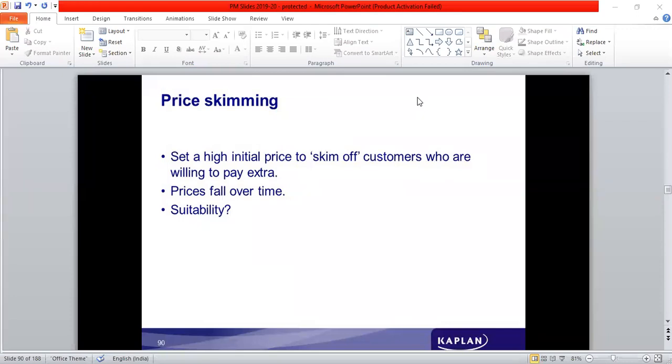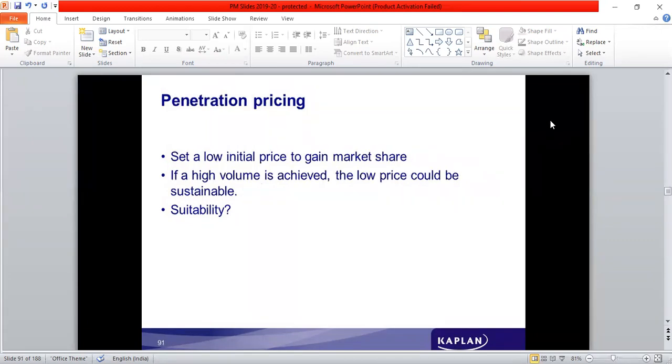See, if they anticipate that the life of the product would be less, they want to recover their initial costs, that is the research and development cost, the designing cost, all the fixed costs. They want to recover them as early as possible.